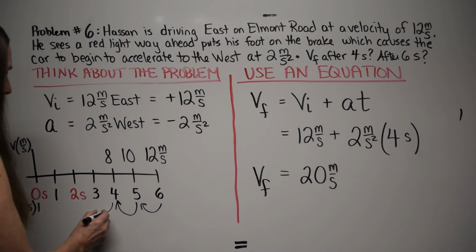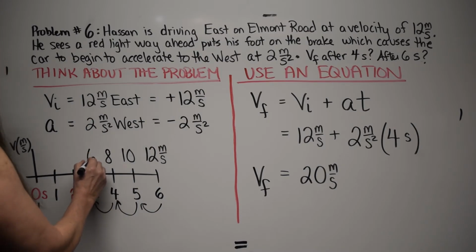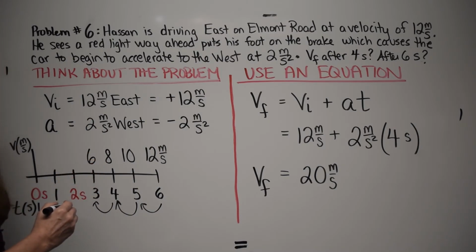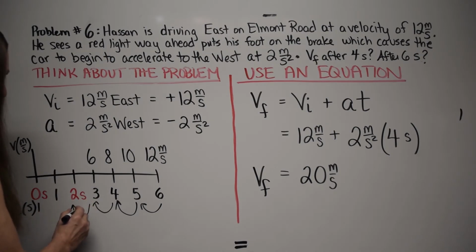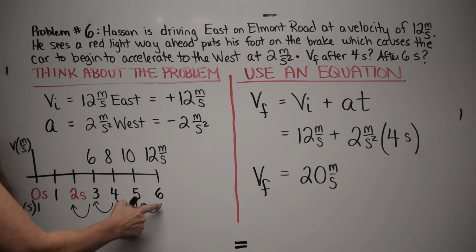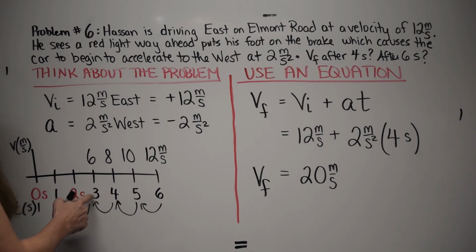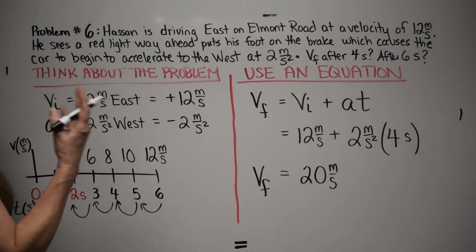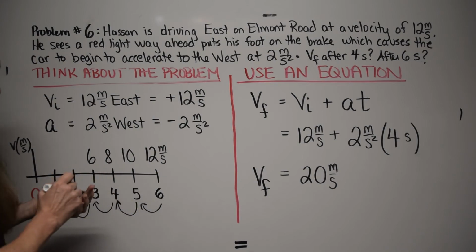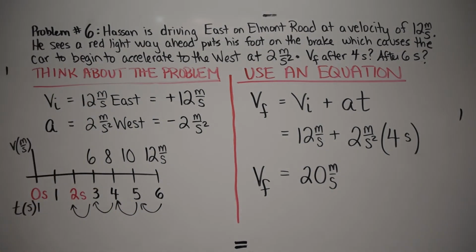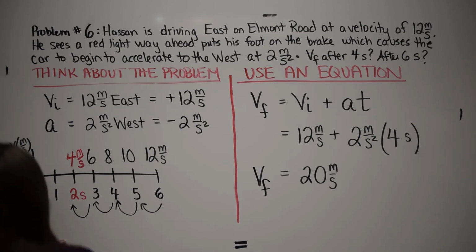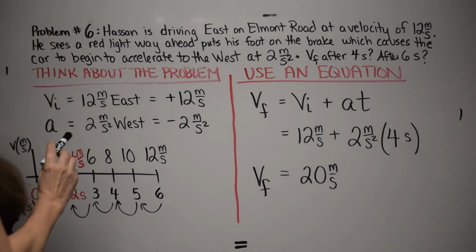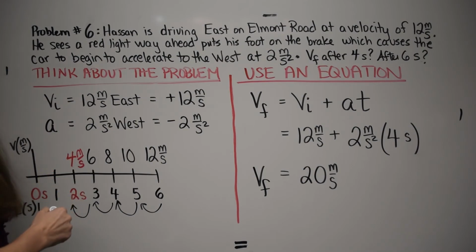And you go another second, and your speed is 6 meters per second. After 4 seconds have gone by, so from 6 to 5, 5 to 4, 4 to 3, 3 to 2, your speed is now 4 meters per second. And you can say that your velocity is 4 meters per second to the east.